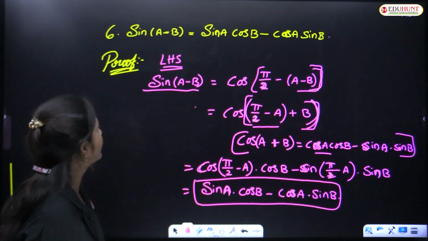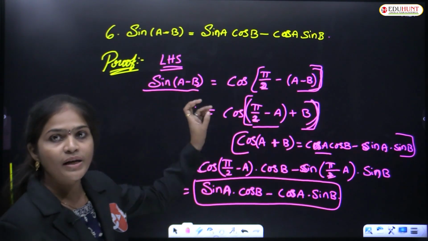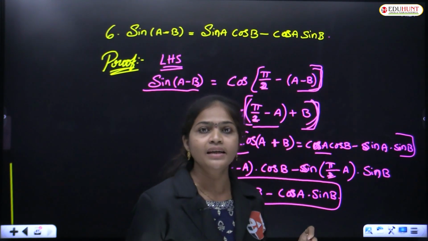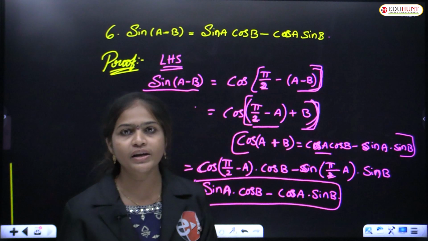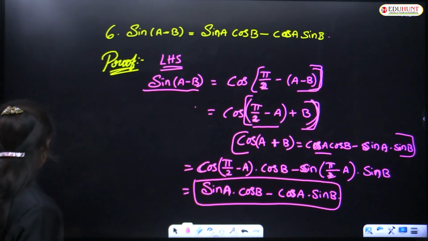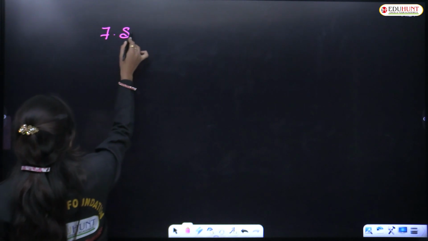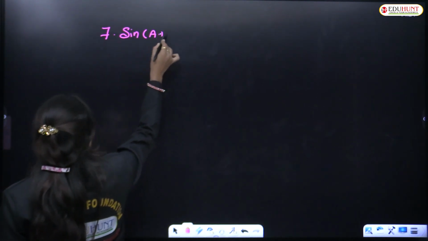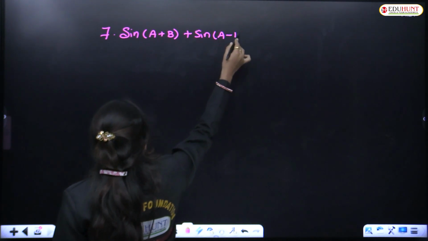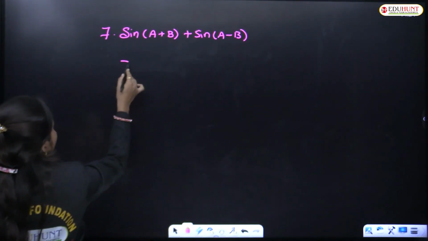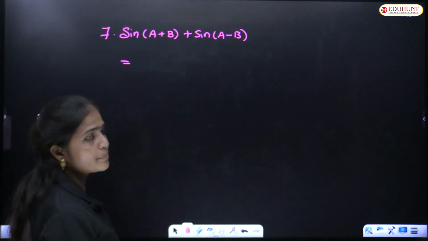Now we have the sum of sin of A plus B and sin of A minus B, as well as the subtraction of sin of A plus B and sin of A minus B. The seventh formula is sin of A plus B plus sin of A minus B. What is the formula to find sin of A plus B?